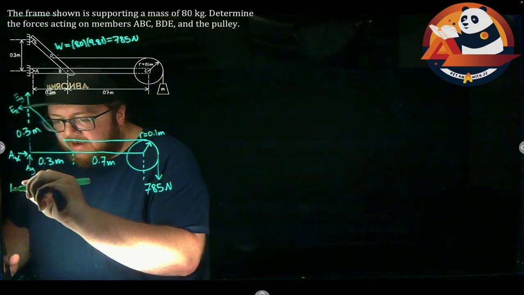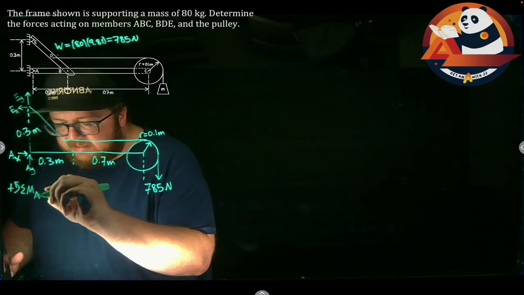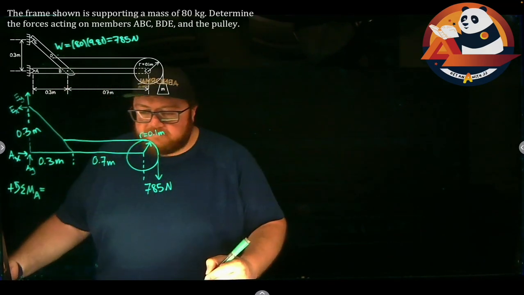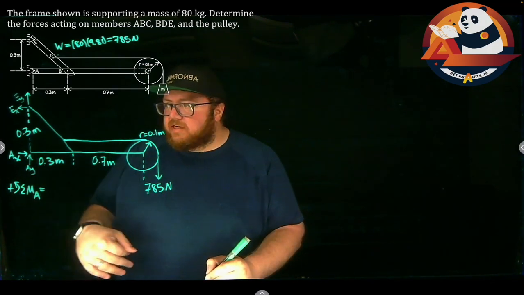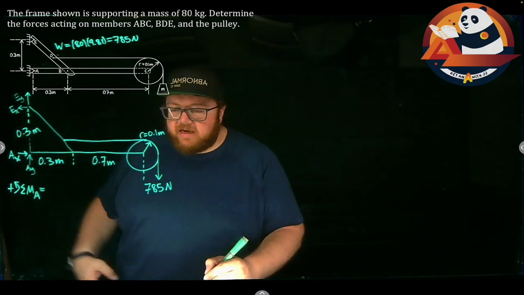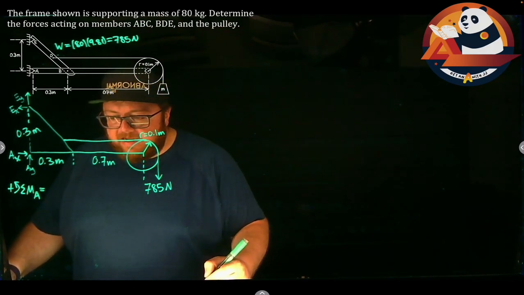Let's say with positive going counterclockwise, I want to sum up my moments about point A. That's going to get me that my weight out here causes a clockwise rotation, EX causes a positive rotation. So let's set that up.